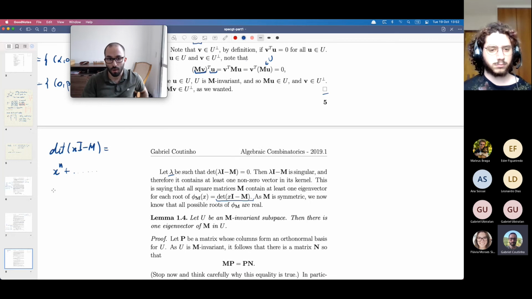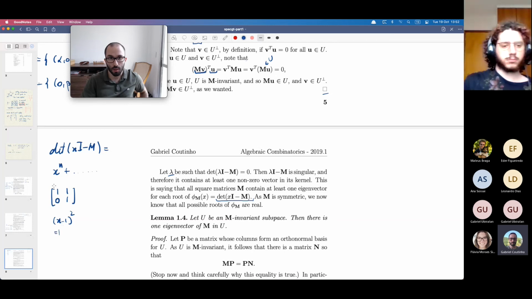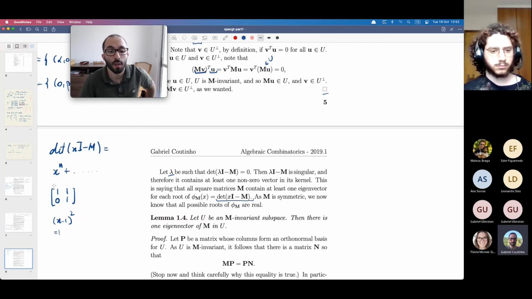Now, this is still not sufficient to show that the matrix is diagonalizable, because there are matrices so that all the roots are real, but the matrix is not diagonalizable. This matrix is not diagonalizable. The characteristic polynomial of this matrix is x minus 1 squared. All the roots of this polynomial are real, they're equal to 1, but this matrix is not diagonalizable, right?